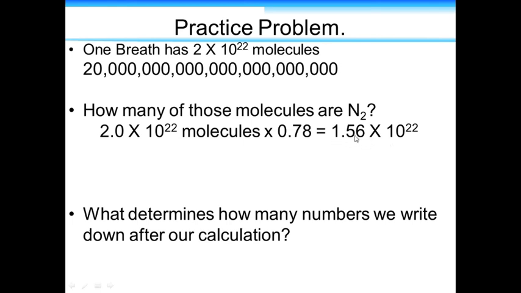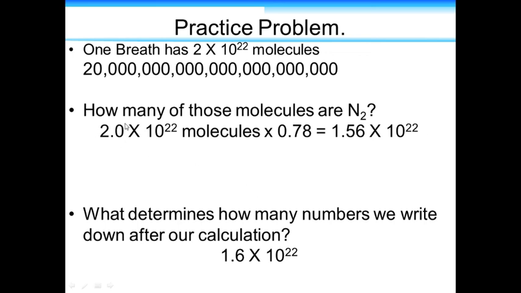What if for some reason it gave me an even longer value, like 1.5629? Would it make sense to write all of those numbers down? Well, the rule of thumb is that you want to stick with the fewest numbers given in the original question. That's a very general rule of thumb.